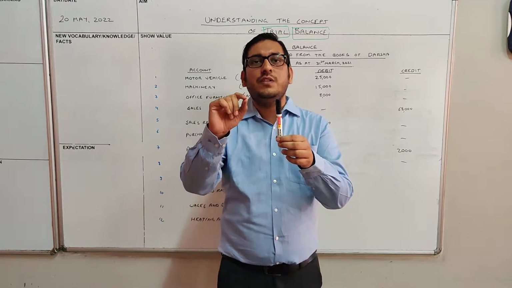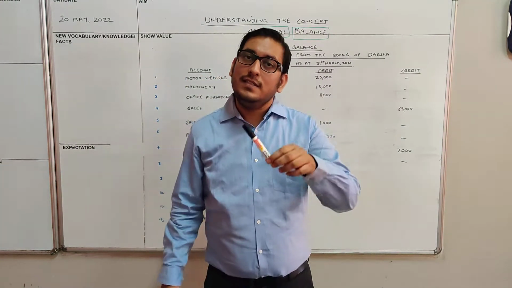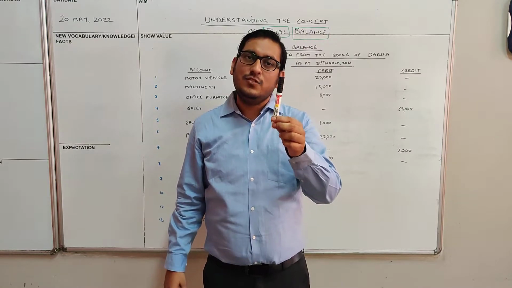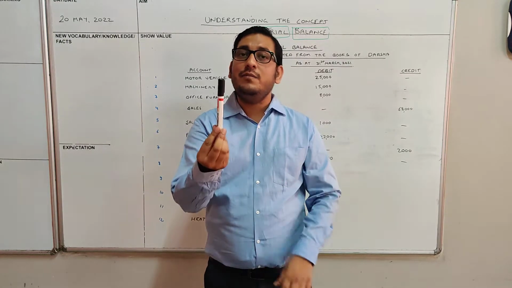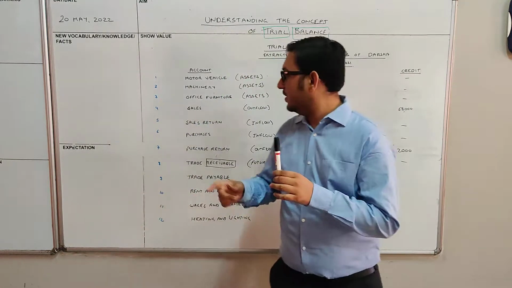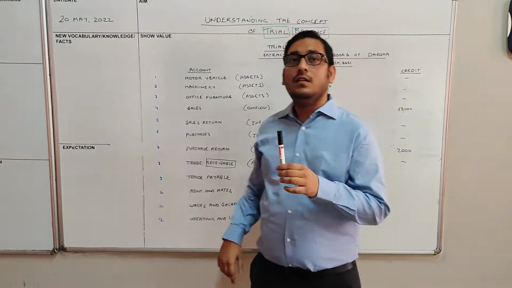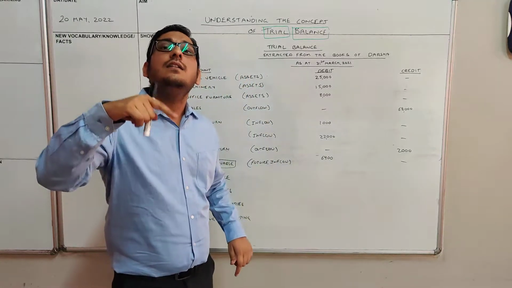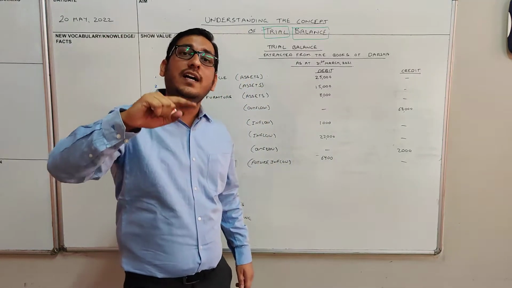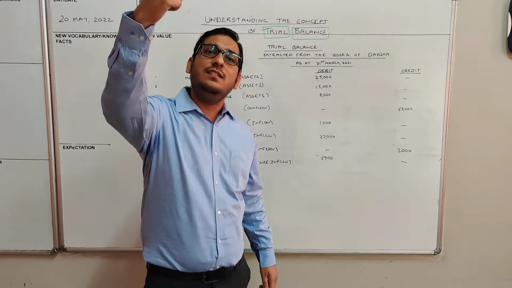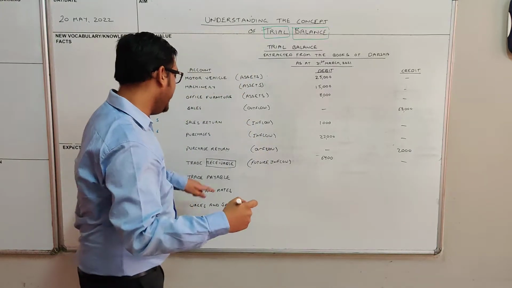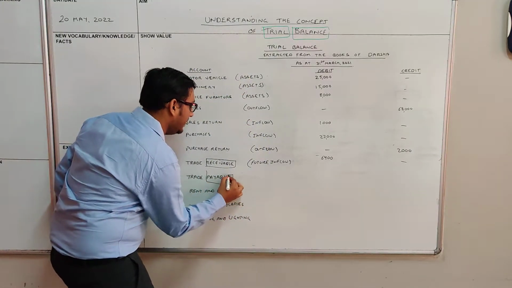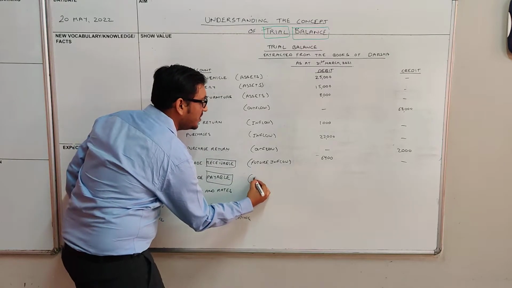So Mr. Jitu becomes my trade receivable. If I purchase goods from Mr. Jitu, what entry will I make? Purchase account debit, Mr. Jitu account credit. Mr. Jitu becomes my trade payable, because I will pay Mr. Jitu in future.